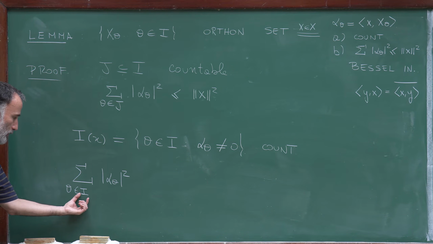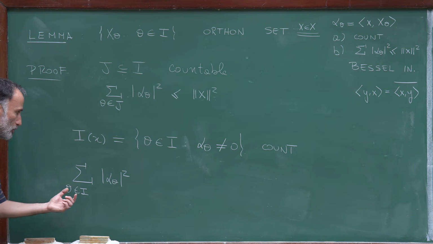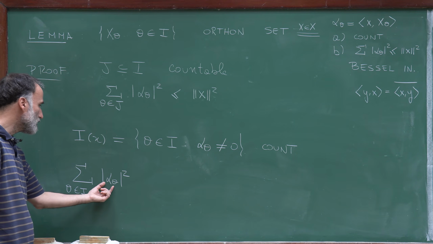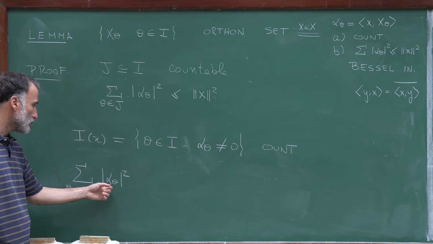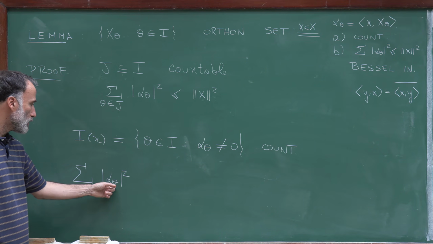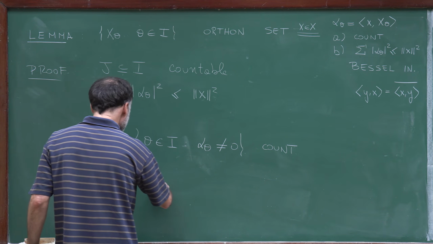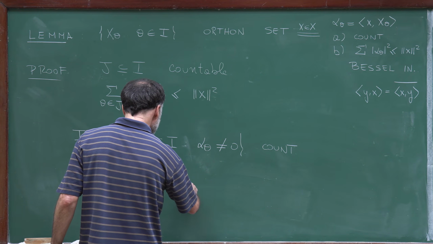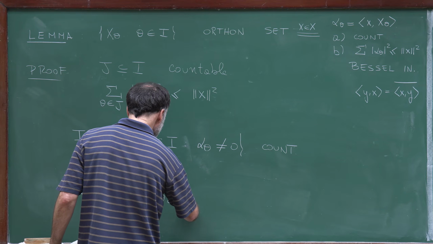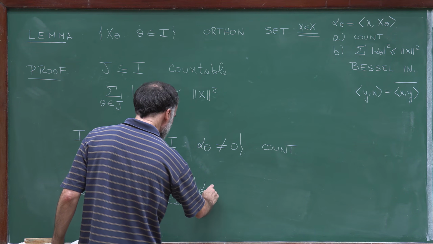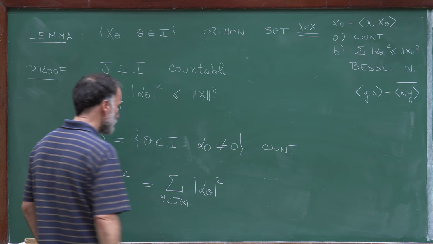This might be an uncountable set, but since alpha theta is 0 for all but a countable number of thetas, what I mean by this sum is that this is actually a sum over all theta in I of x of alpha theta squared.